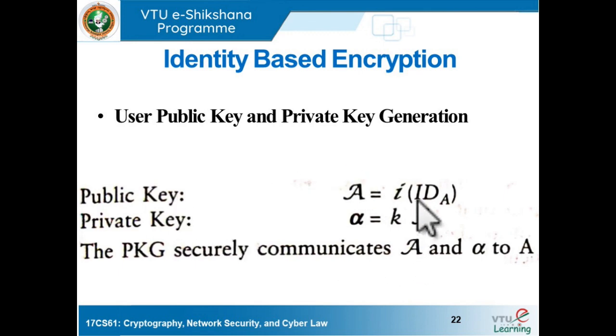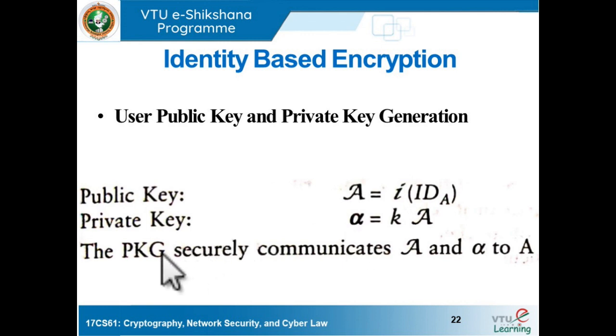Over here, the ID of A, that is Alice, is taken along with I, where I stands for hash, and computes the public key of A. Now this public key of A along with the key K of the PKG, which is the private key of the public key generator PKG, will give us the private key of A, that is represented as alpha.